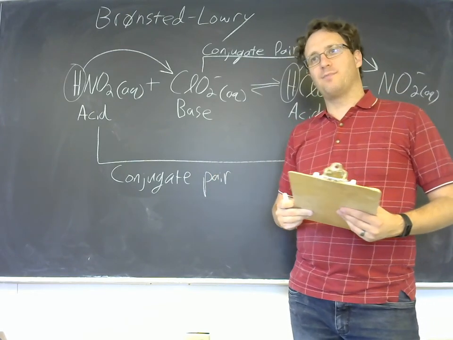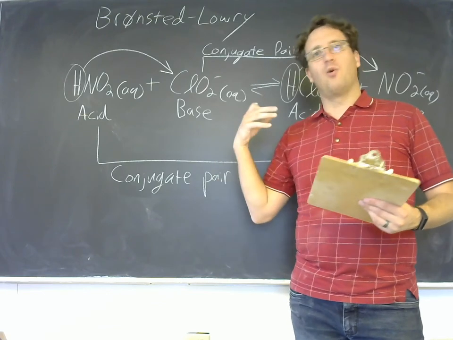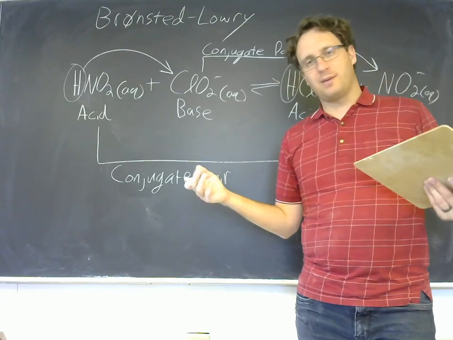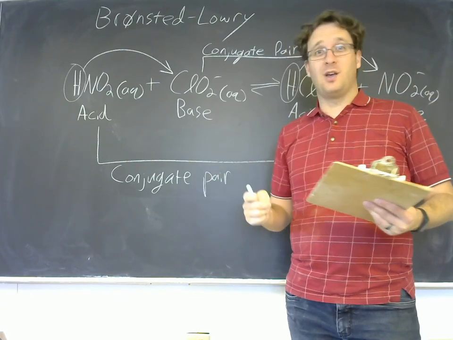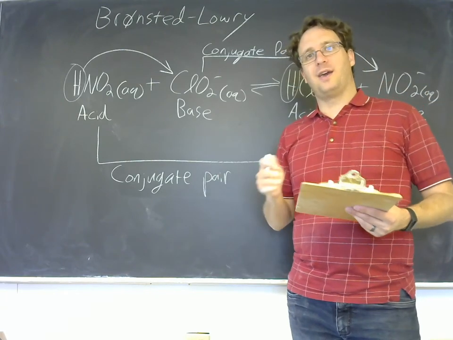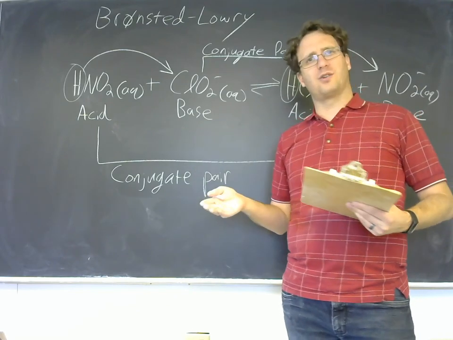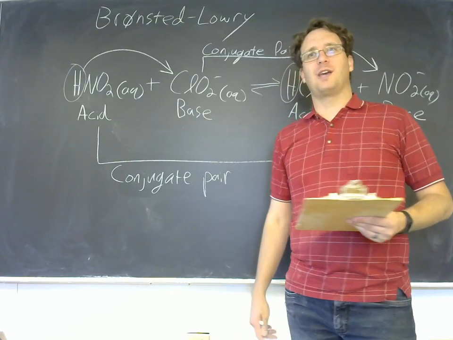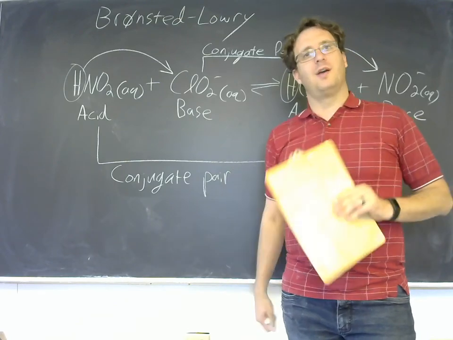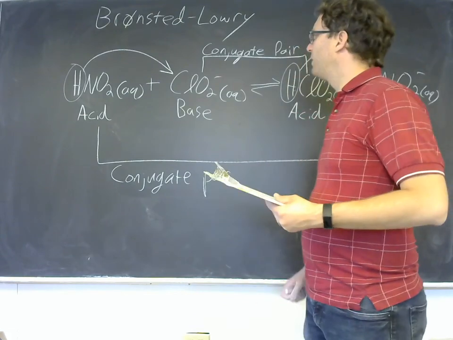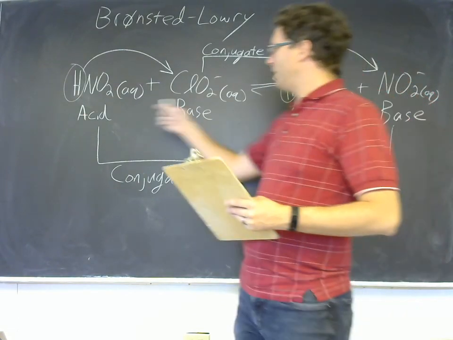Some of them will ionize only 5%. Some of them will ionize maybe 10 or 20%. Some of them will ionize only 1%. They all have varying strengths. So some weak acids are truly weak, and some weak acids are getting to be pretty strong. They're almost maybe on their way to being a strong acid.